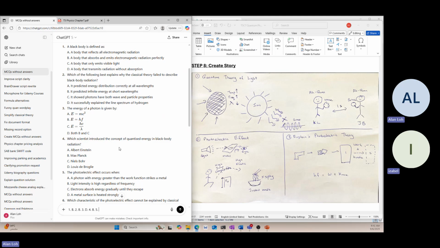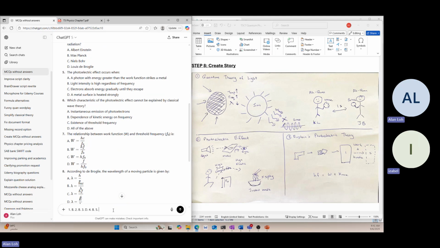Okay, move up. The photoelectric effect occurs when, so that'll be the photoelectric effect drawer, and it's the metal with the eyes which pop out when a light is directed at it.